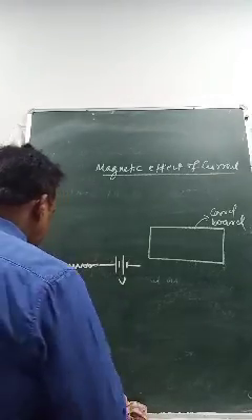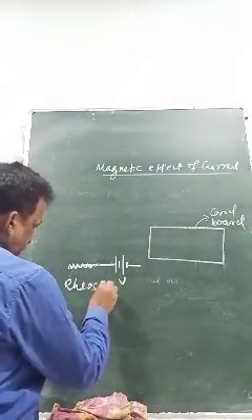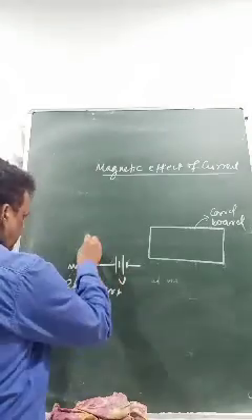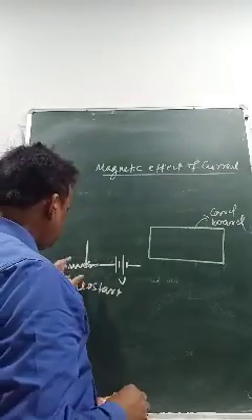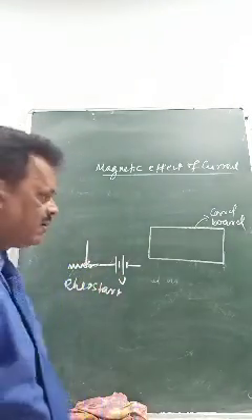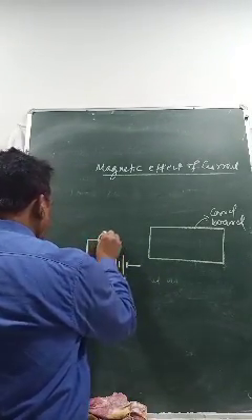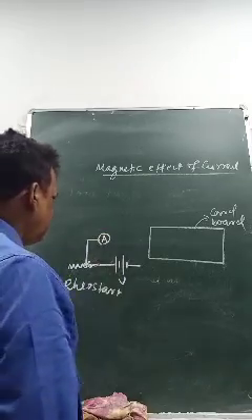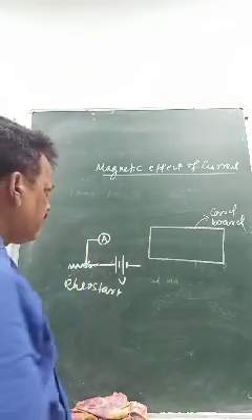Rheostat symbol is like this, that means you take out the resistance, put more or less, it will control the flow of current. On the path you fix one ammeter. Ammeter will measure the current, how much current is going.